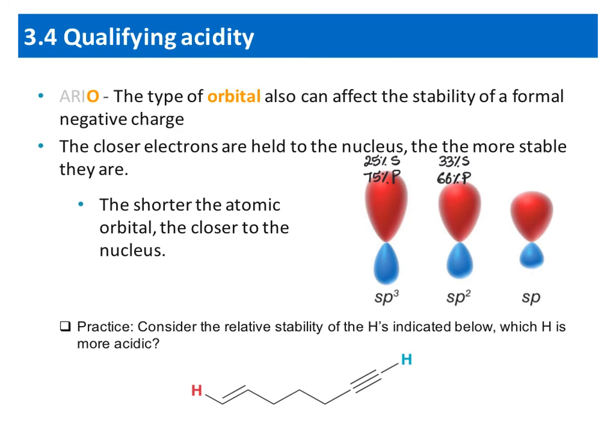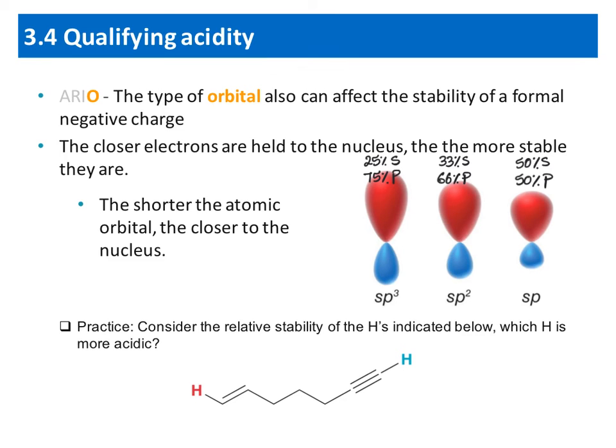And for the sp orbital, we have 50-50% for both s and p. So basically, when electrons are in a longer orbital, they are far away from the nucleus, so they are less stable.